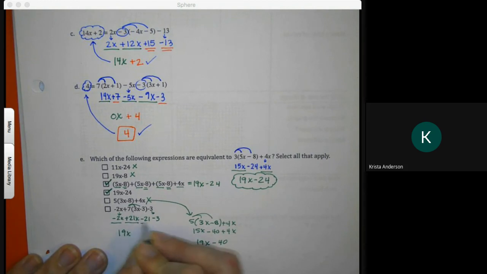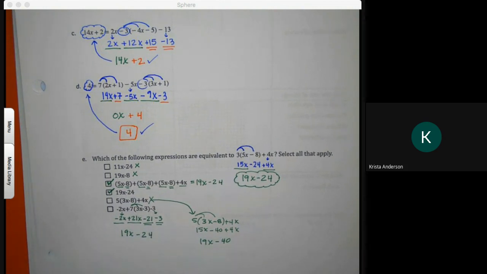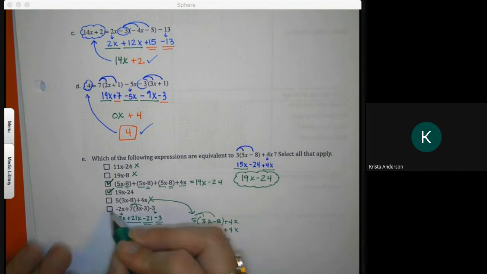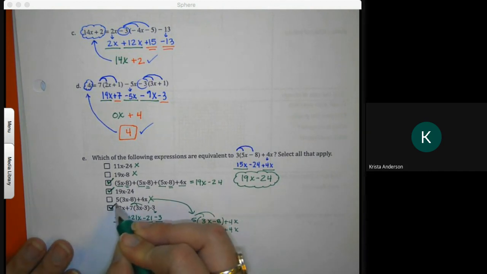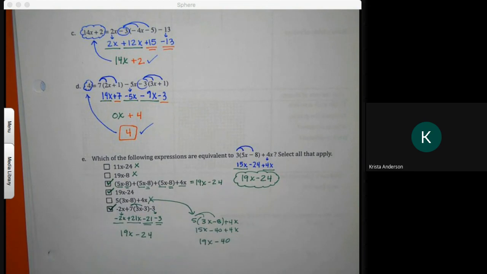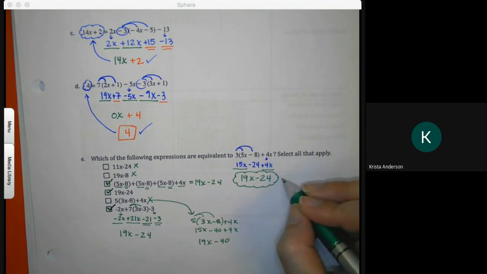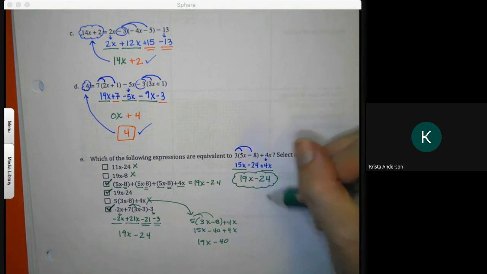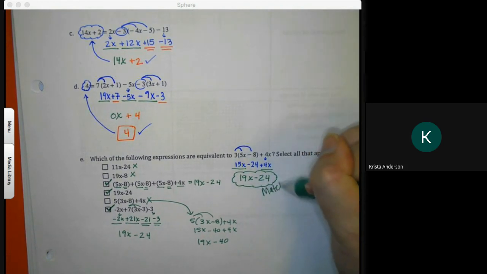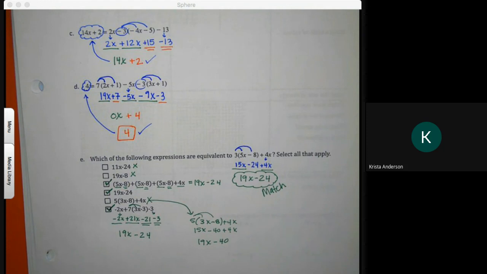And what is negative 21 and minus 3? Negative 24. Does that match what I was trying to match? Yep, so I would check it off and submit. So it's kind of like you're matching. You're trying to match which ones match.